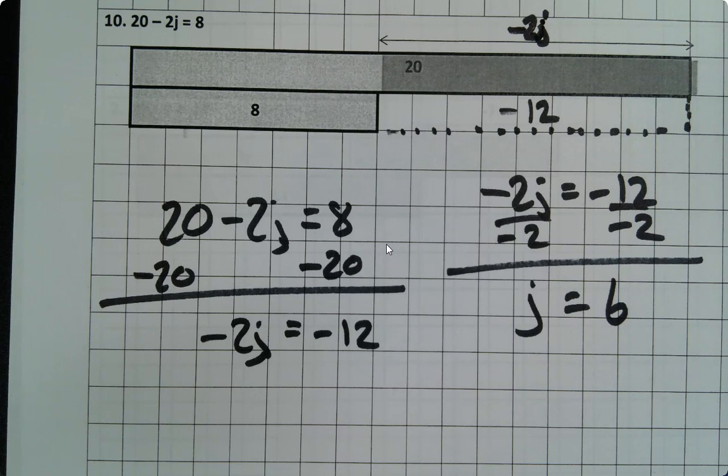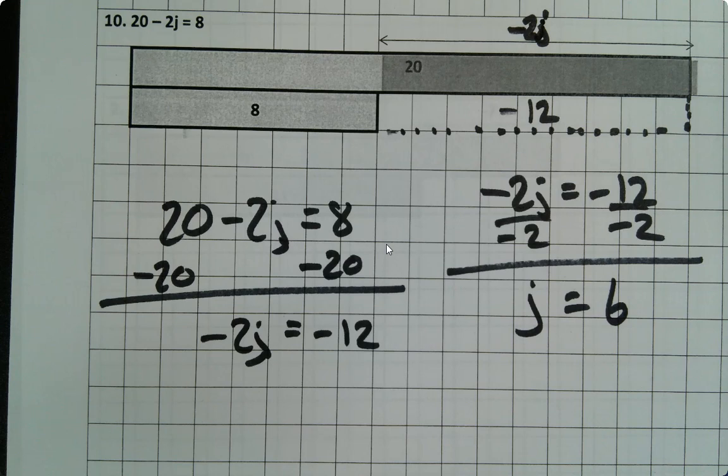Why, though? From our bar diagram, why are we working with only the negative parts of this? If we look at the paper that we're working with, what are we doing with this part of the paper? We started with 20. Everybody agree that we started with 20?